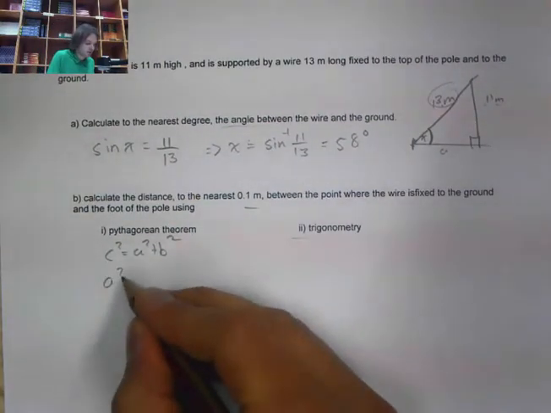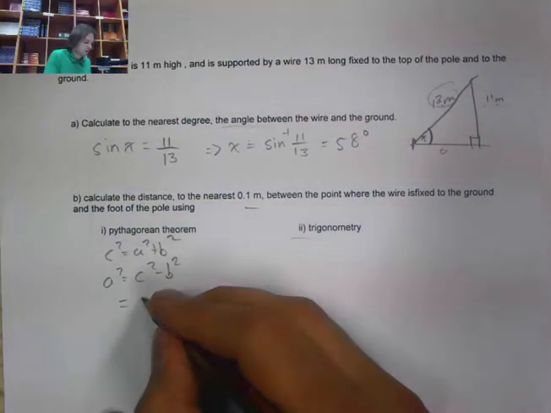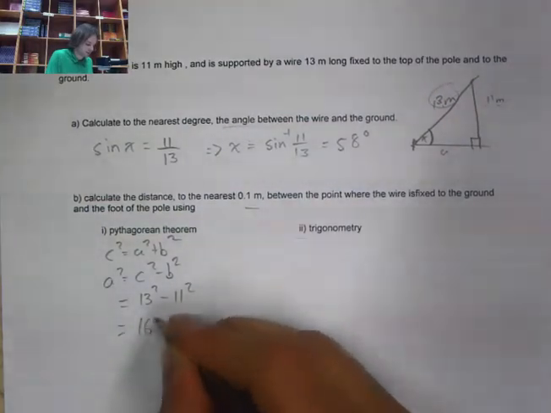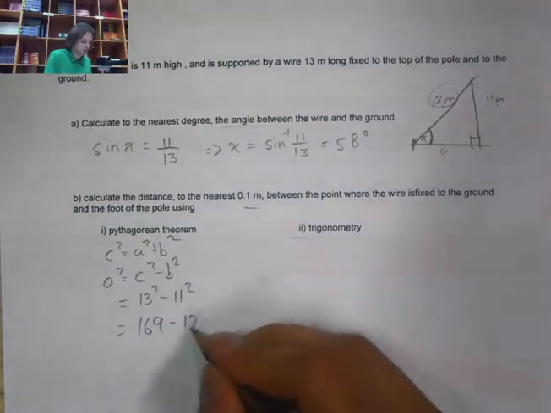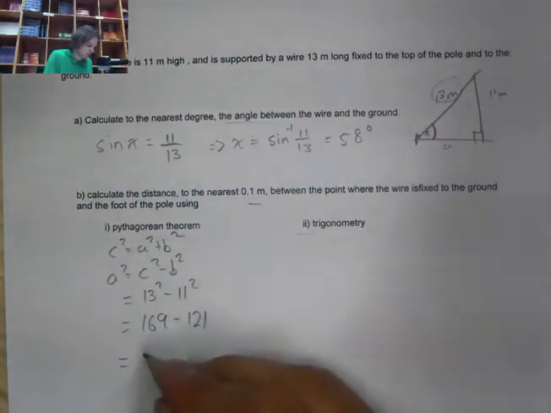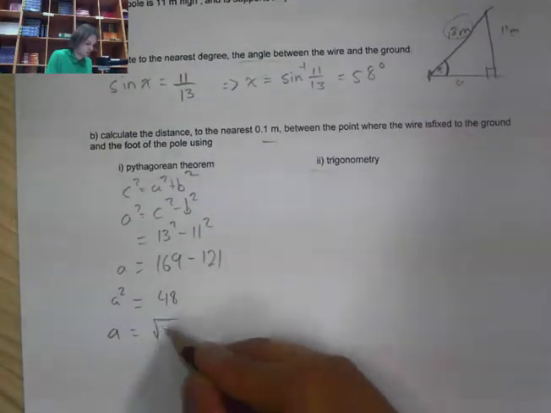So a squared is equal to c squared minus b squared. I'm going to get 13 squared minus 11 squared, which is 169 minus 121. I'm going to get 48 is a squared. So a is equal to the square root of 48.